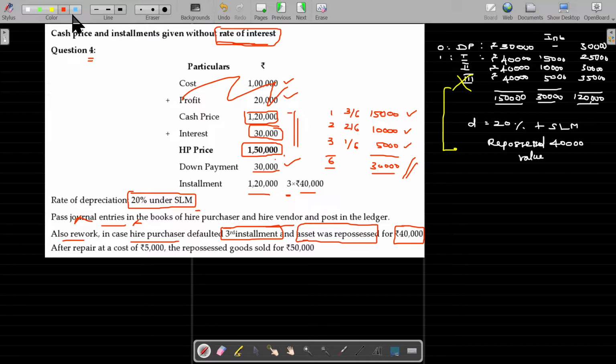And repossess பண்ணி அவர் என்ன சும்மா வச்சுக்க போறாரு? He has to discard, no? He incurs an expenses of 5,000 and then sells it for 50. The repossessed goods underwent some repair charges, at a charge of rupees 5,000, and later it is sold for 50,000 rupees.